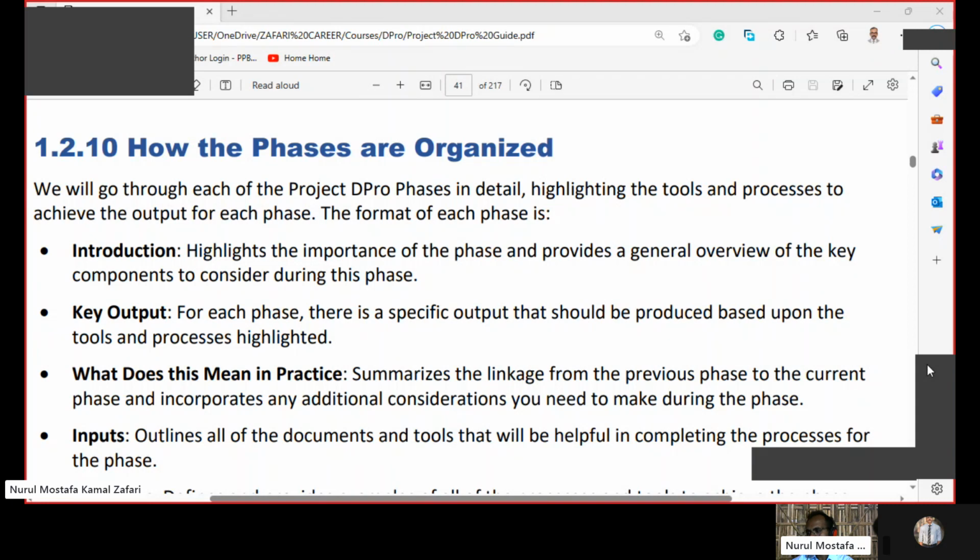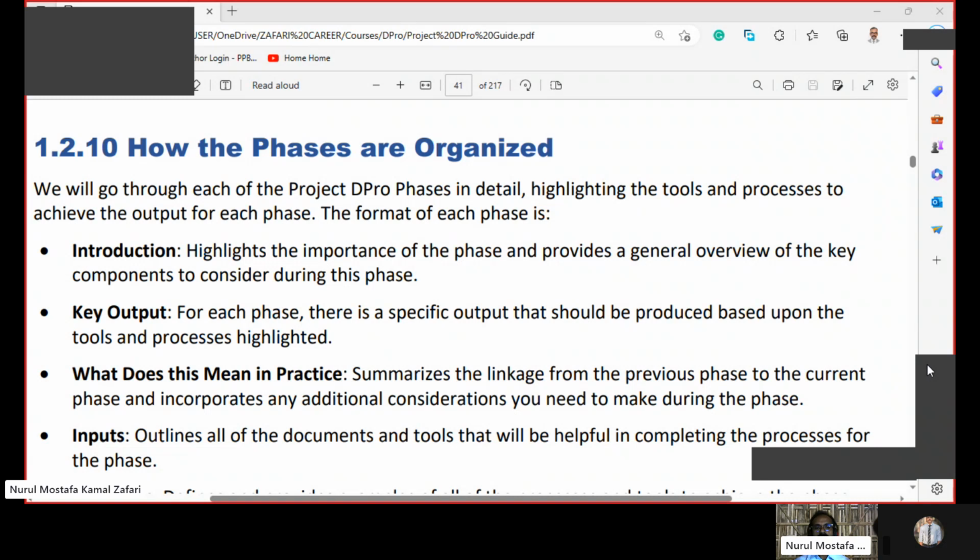Now we start discussing how the phases are organized. So we learned that there are 5 phases in the Project DPro phase model. The phases are project identification and definition, project setup, planning and implementation, and closure.